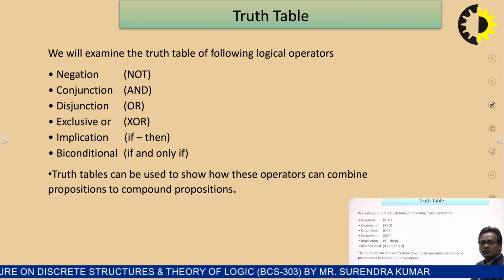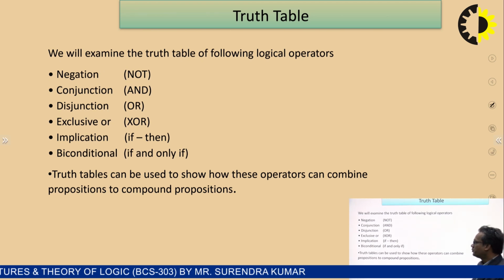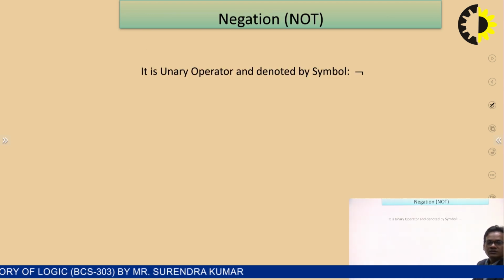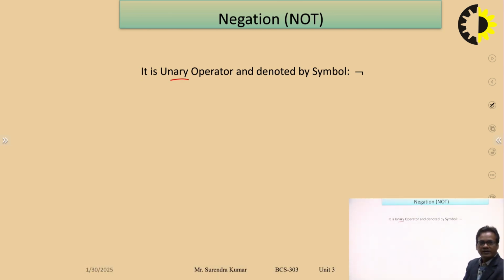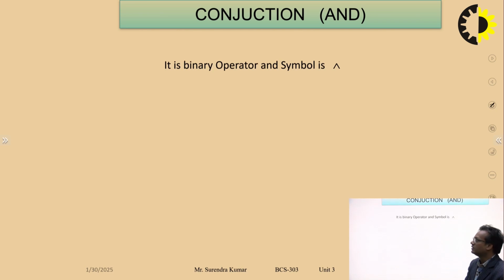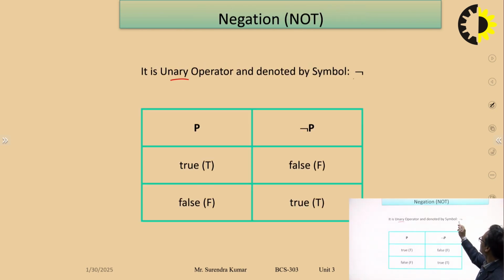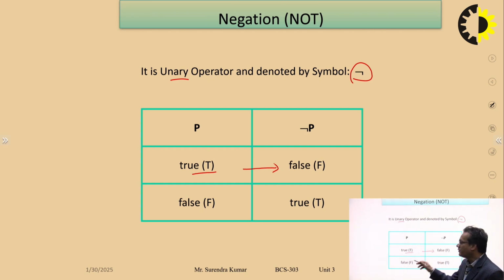The truth table can be used to show how these operators combine propositions into compound propositions. So, negation is basically a unary operator because it works on a single operand, and this is the symbol for negation. If you negate a statement and it is true, after negation it will be false, and if it is false, then after negation it will be true. So, it is basically one kind of complement relation.